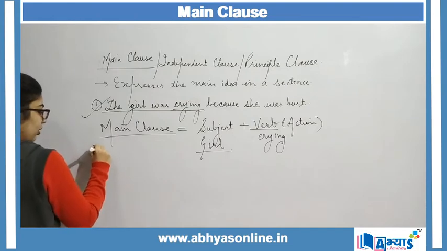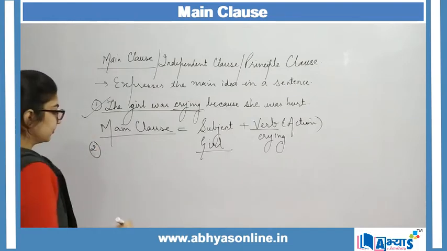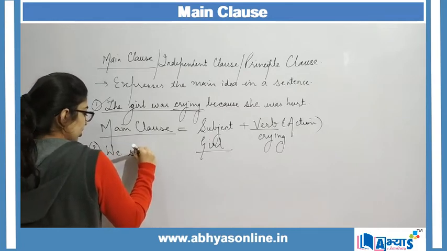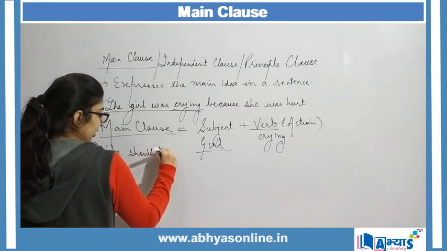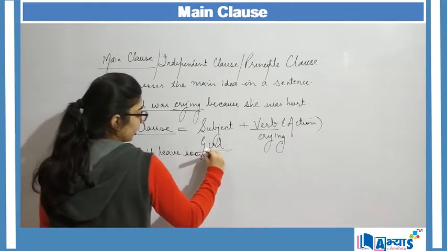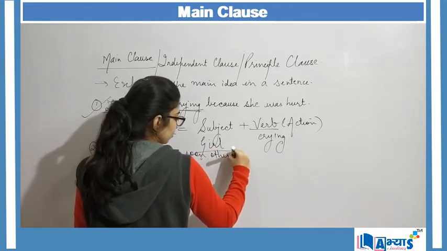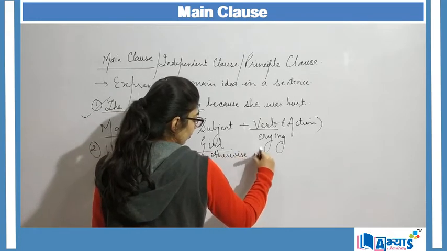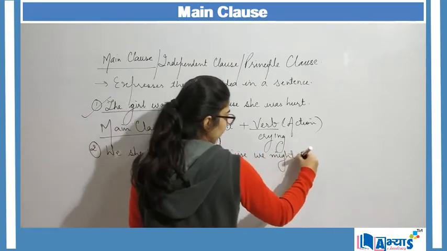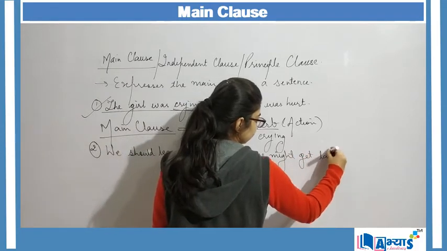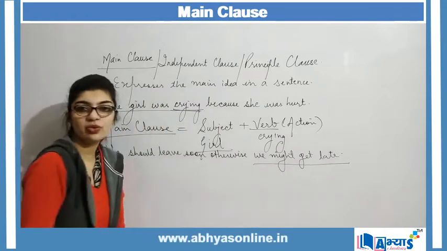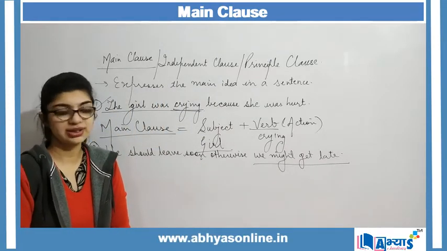Another example of a main clause can be: we should leave soon, otherwise we might get late. Now, we might get late over here is a clause.